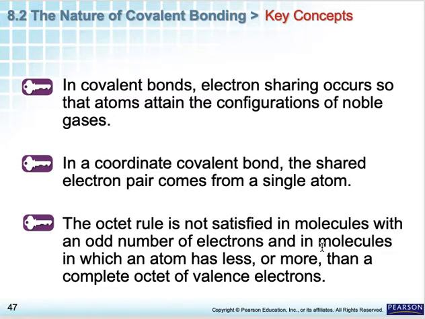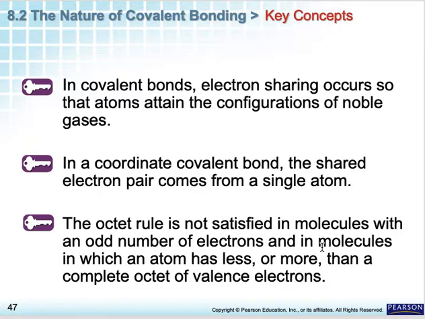Down to the key concepts. In covalent bonds, electron sharing occurs so that atoms obtain a configuration of a noble gas. In a coordinate covalent bond, the shared electron pair comes from a single atom.